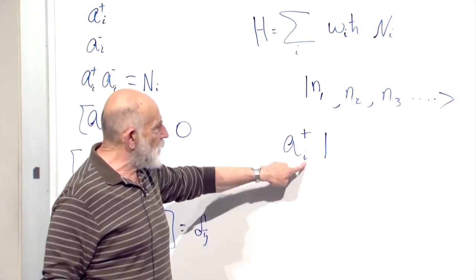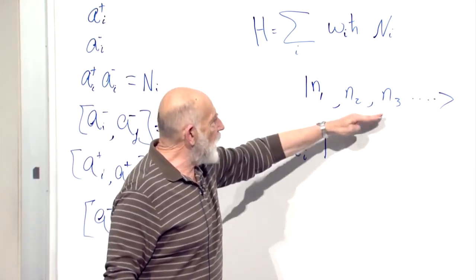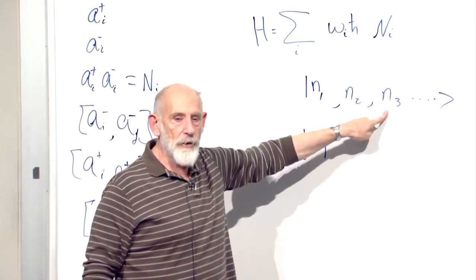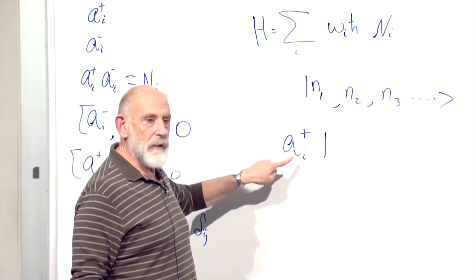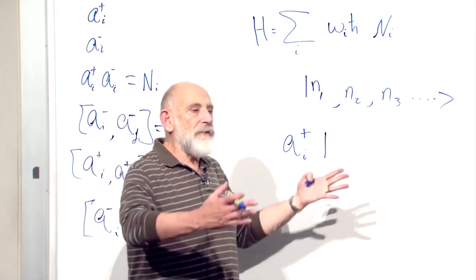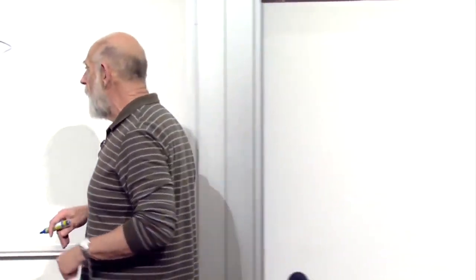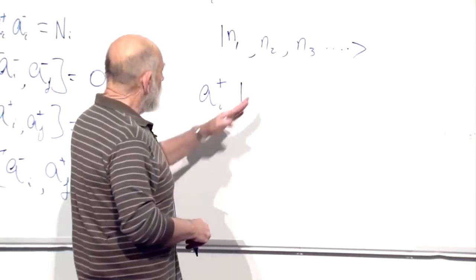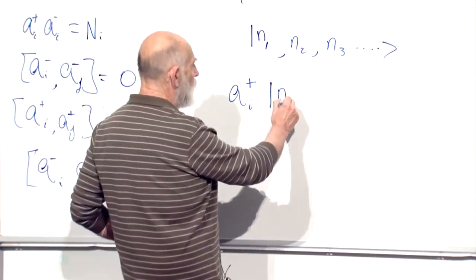If i were 3, it would go over to this slot, and it increases the occupation number by 1 unit, but only for the particular i that we wrote down here. So if we go to the 7th oscillator and apply the creation operator, it increases the 7th oscillator level. It does not increase the 6th one. It doesn't increase the 5th one. There's an oscillator over there, and it's not to be confused with anybody else. So this leaves all the other ones alone.